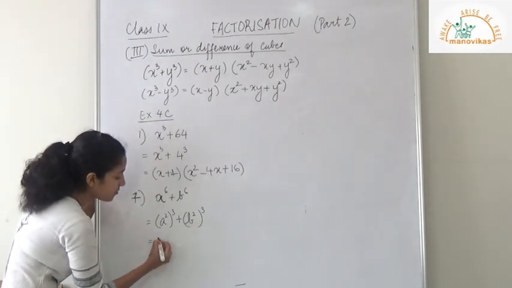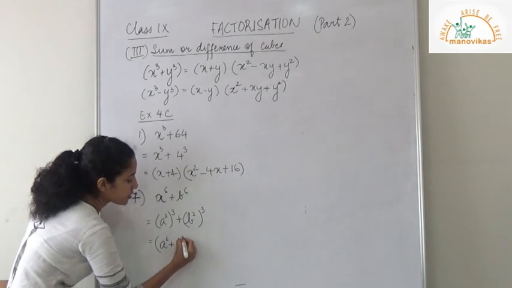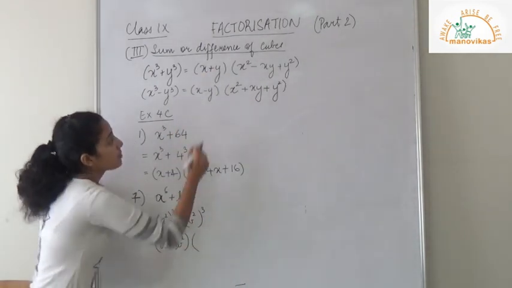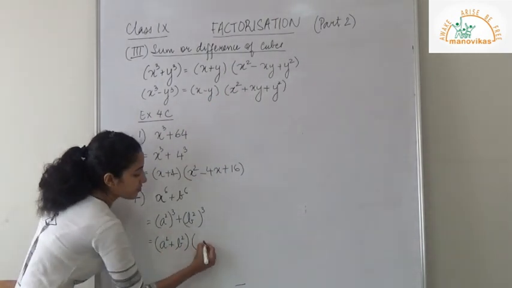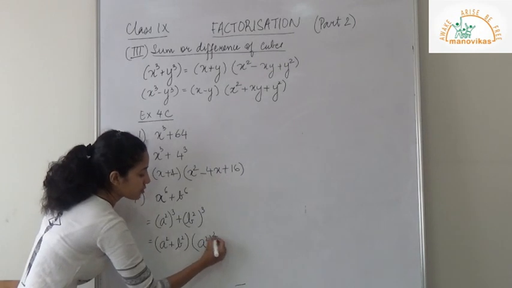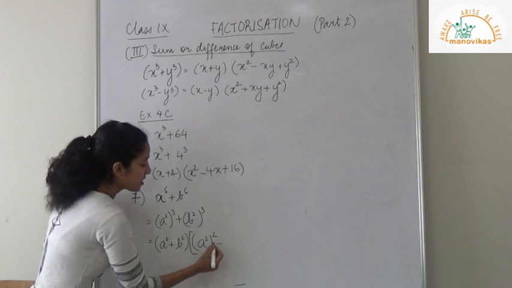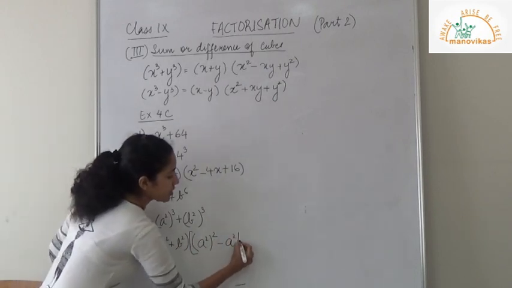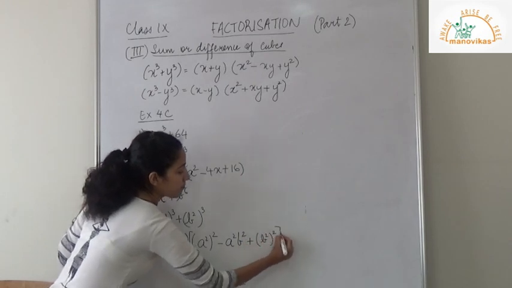So how would you write the first step? That will be a square plus b square, that is x plus y. The second bracket is from this one, that is the square of the first term, a square the whole square, minus, since there is positive already, the product of both these variables, that is a square b square, plus the square of the second term.